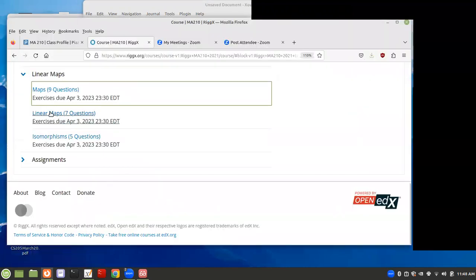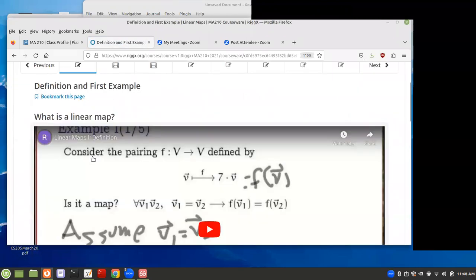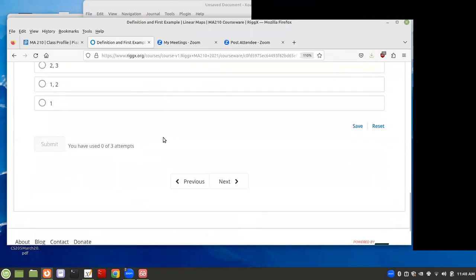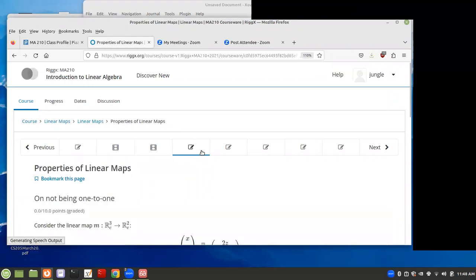And see, here's linear maps. There are some definitions where this is repeated, and then I give you various examples here, and you're supposed to identify which of these maps are linear. And there's another linear map, a third linear map.